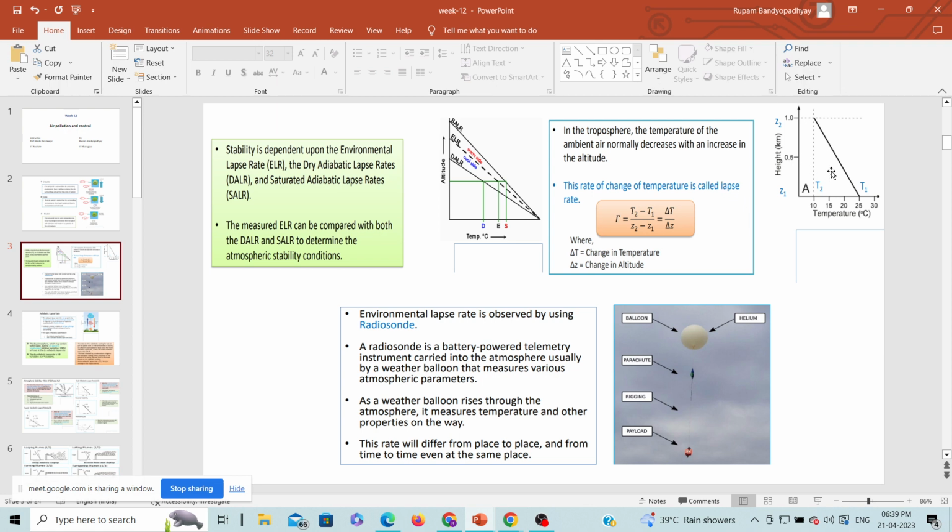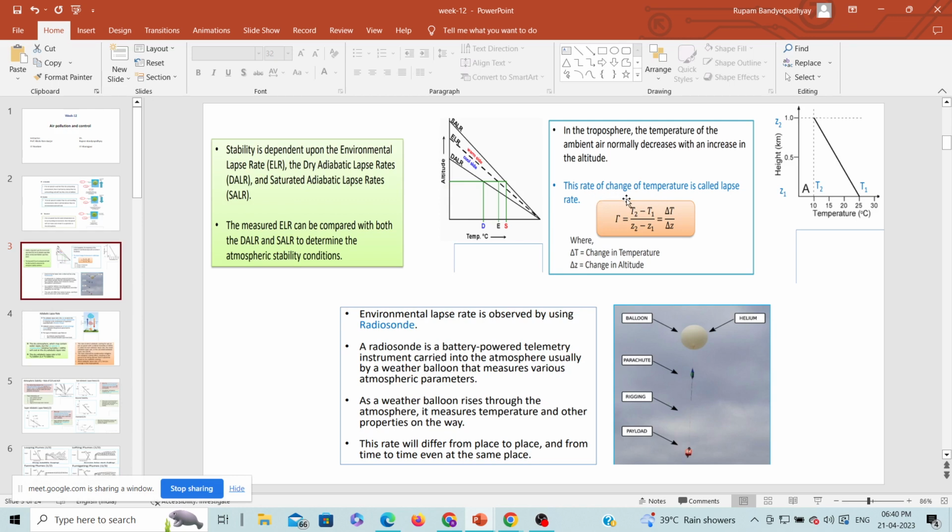Basically in the troposphere, the temperature of the ambient air decreases with an increase in altitude. In this figure, the y-axis is height and the x-axis is temperature, so the temperature keeps decreasing with increase in height. We generally consider the troposphere region, as we are living in it, when dealing with pollution.